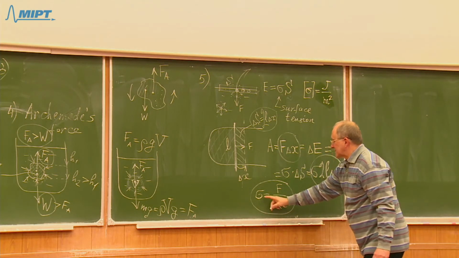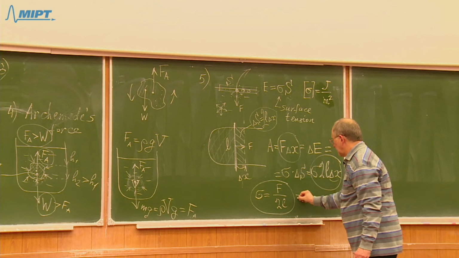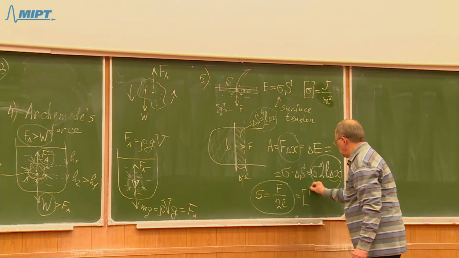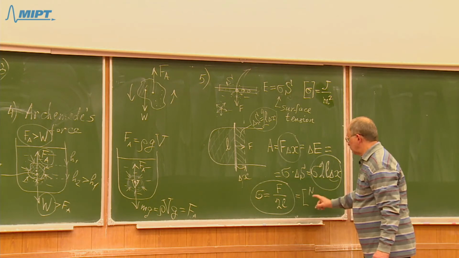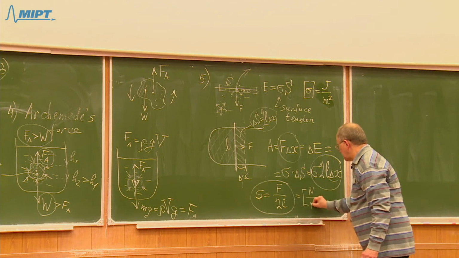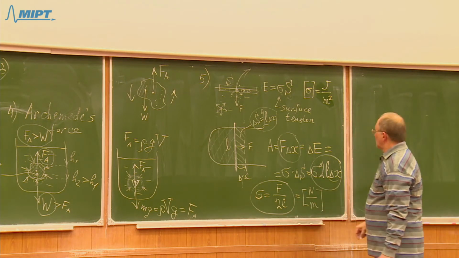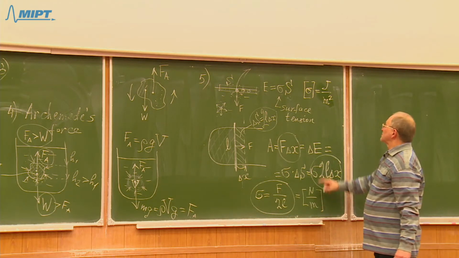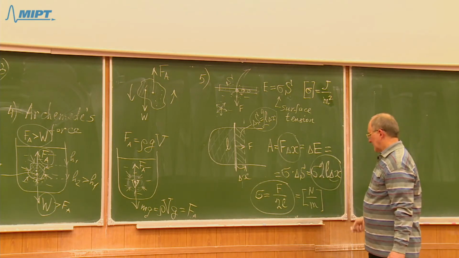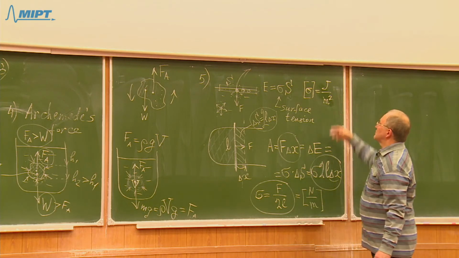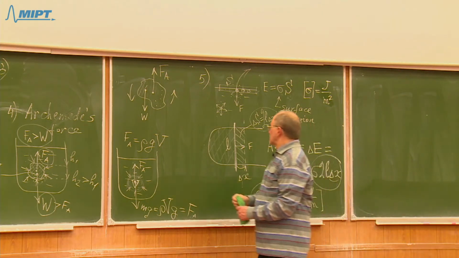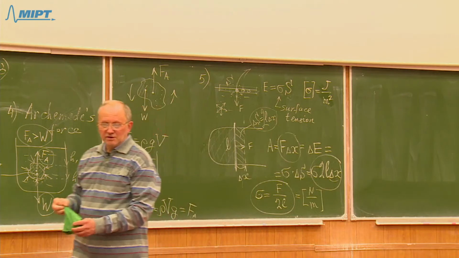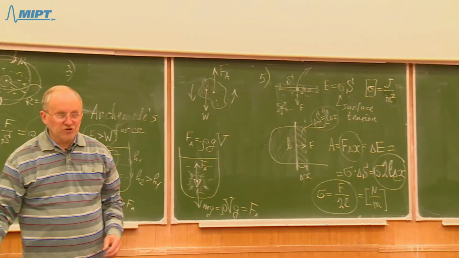And from this formula, the same quantity will be measured in newtons: F is measured in newtons, and length is measured in meters. So the same quantity sigma will have one unit of measurement here, and as if a different unit of measurement here. We will continue this discussion after a short interval.